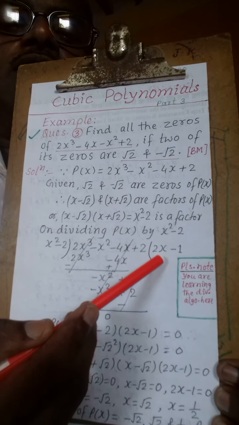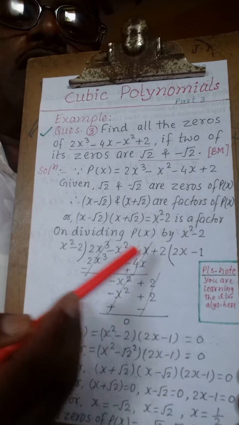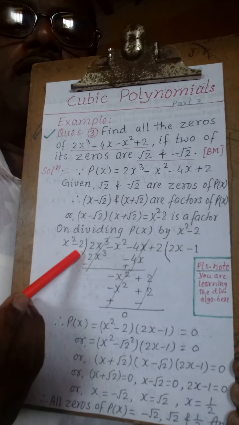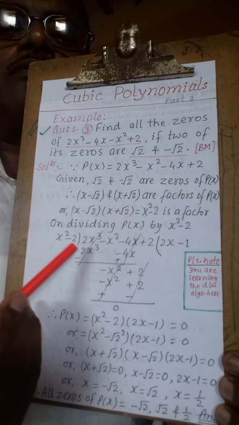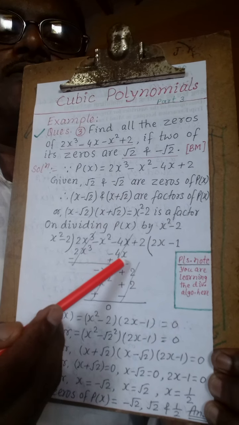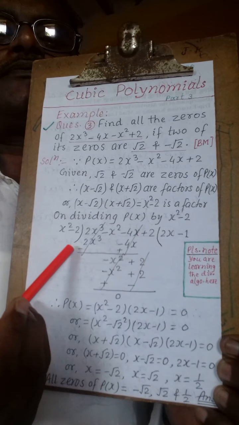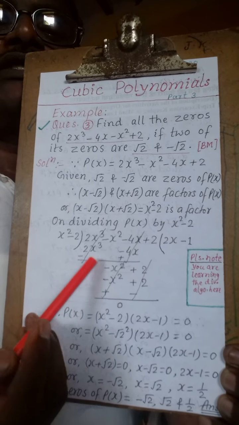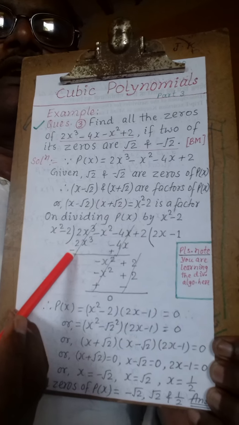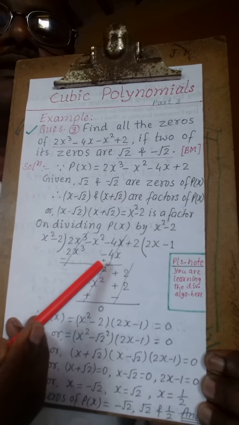So our first quotient is 2x, and when we multiply 2x by the divisor, we get 2x cube minus 4x, and before subtracting we change the sign of this, so this positive will be negative and this negative will be positive, and both will be cancelled.